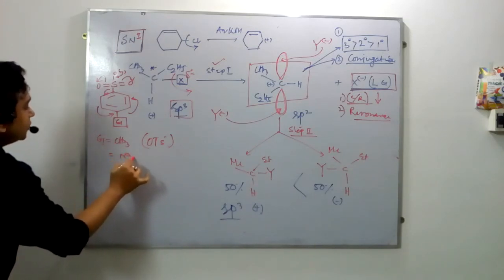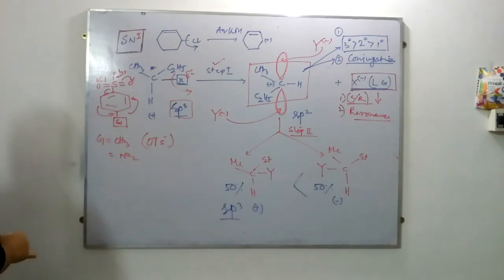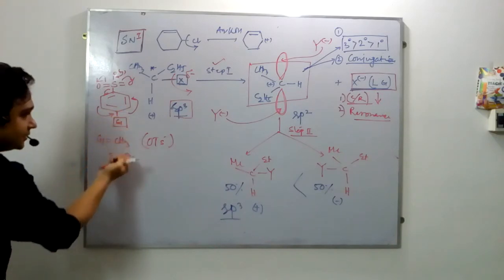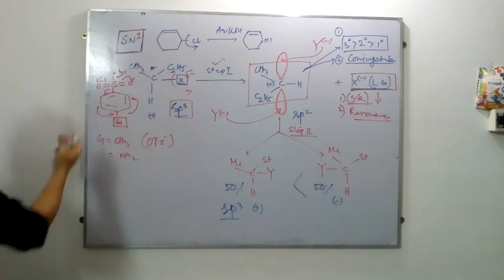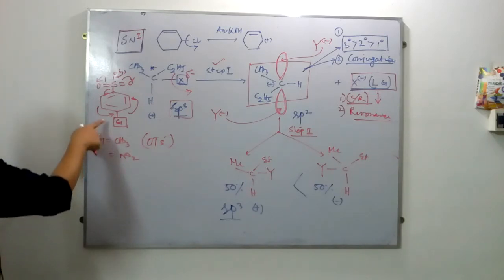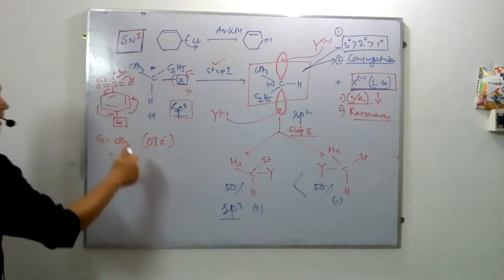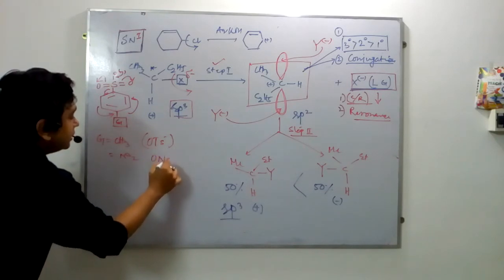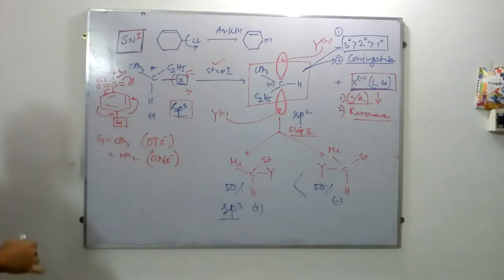If it is NO2, we all know that NO2 is having a minus I effect. It will pull out electron towards itself. Then definitely it will increase the resonance structure. And if it is going to increase the resonance structure, the name is also changing. Para-nitrobenzene sulfonate anion. It is known as nosylate.